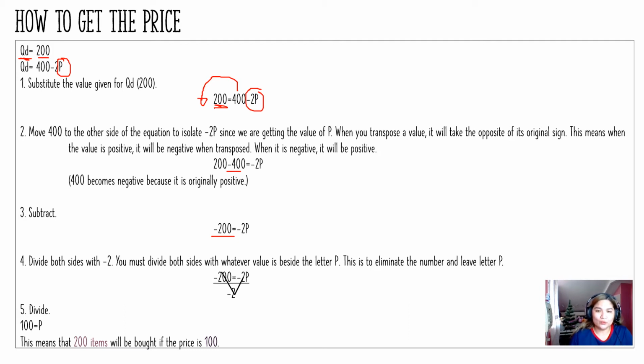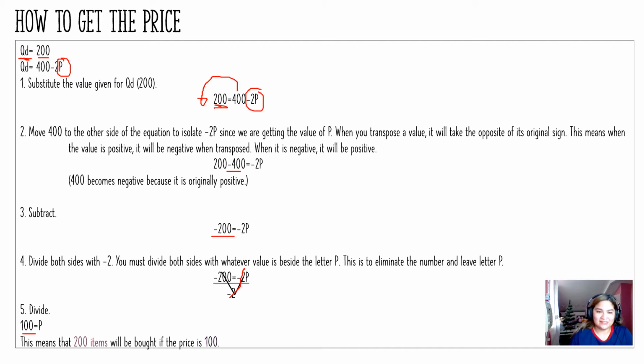So negative 200 divided by negative 2 equals negative 2p divided by negative 2. Negative 200 divided by negative 2, that is 100. And then negative 2p divided by negative 2, just cancel 2. What will remain is, of course, p.